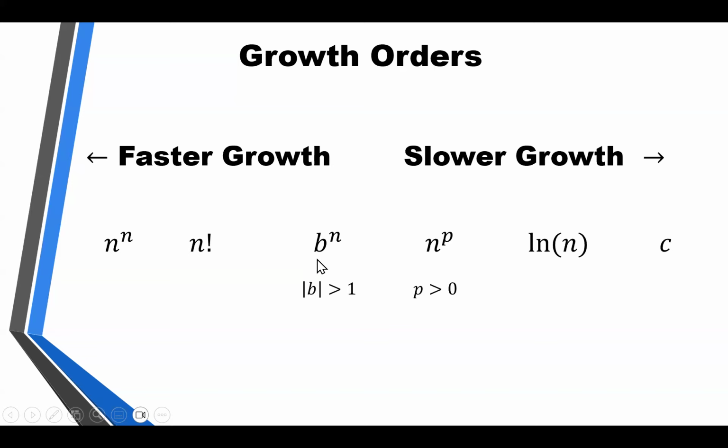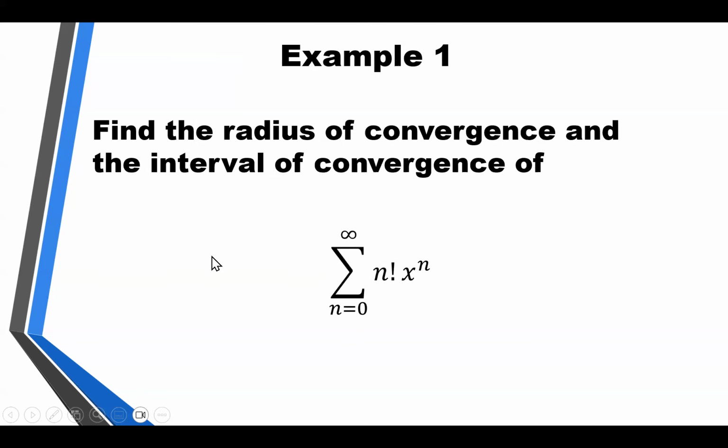But n factorial is a more dominant growth than b to the n, no matter what our b value is. And therefore, the n factorial is going to dominate because it has a faster order of growth. So in this infinite series, the n factorial dominates.